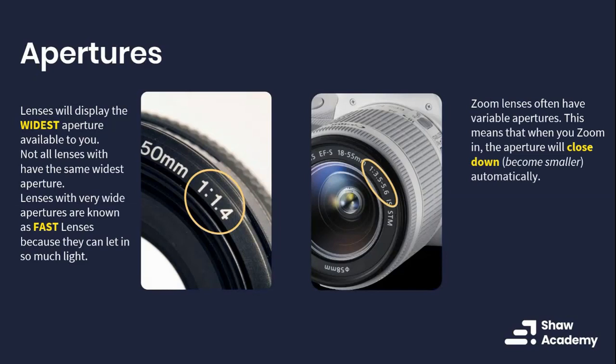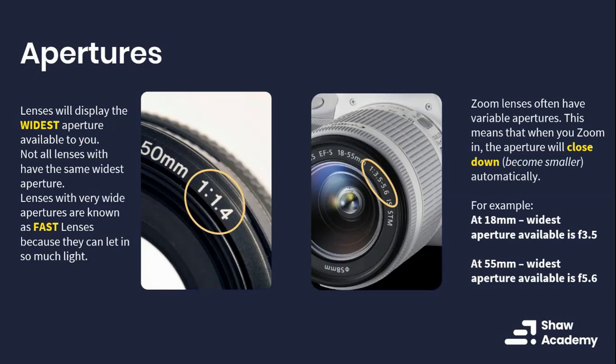This is just simply due to the nature of their construction. It is possible, of course, to get fast zoom lenses, but that's when you're talking serious money. You're talking at least $1,500 upwards for a fast zoom lens. So to keep things affordable, they will typically stop down themselves automatically. For example, if I'm shooting at 18 millimeters, the widest focal length, the widest aperture value available to me is f3.5.